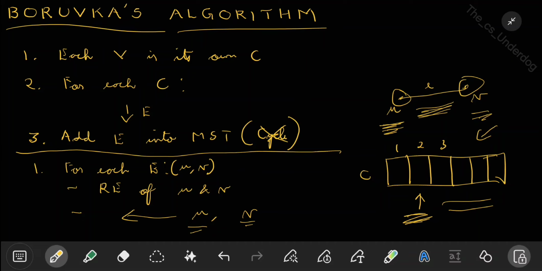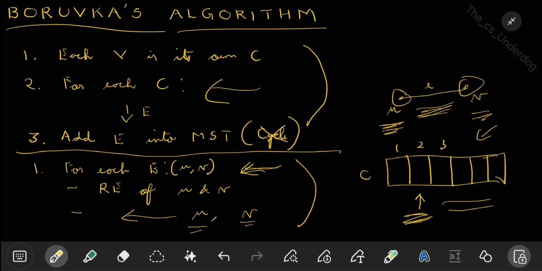Stepwise, it is only this. Logically, these are the steps, and when you are implementing, these are the steps. That is, while implementing, in order to decrease time complexity, you are going to run the loop once through all the edges, and in this one loop, you are going to complete the work for all the components.